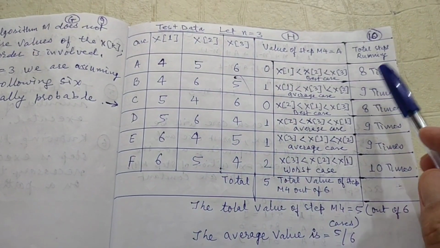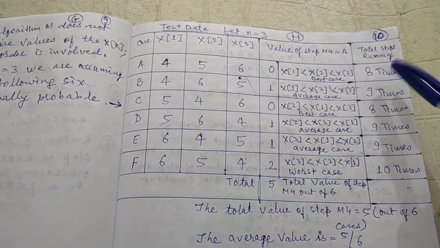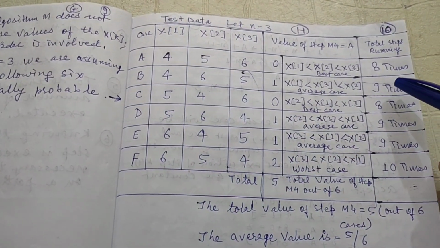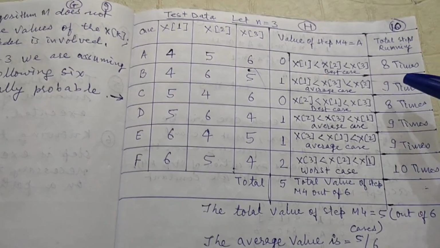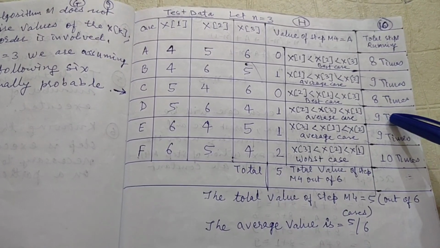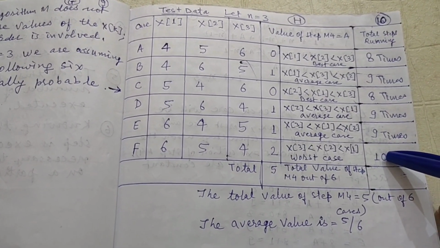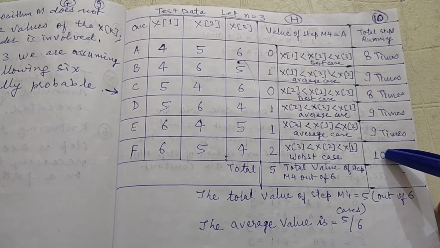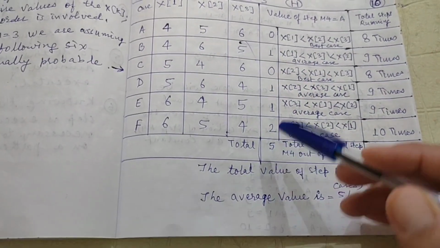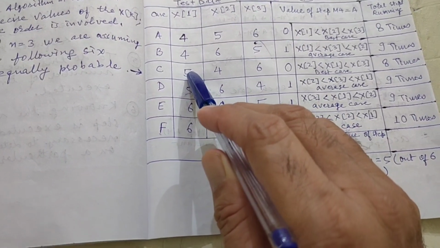In case A, the steps take 8 times. In case B, steps M1, M2, M3, M4, M5 take 9 times. In case C, 8 times. In case D, 9 times. E, 9 times. And F, 10 times. So the total value of a is 5 over the 6 cases.